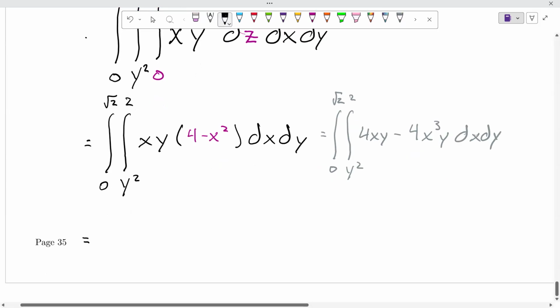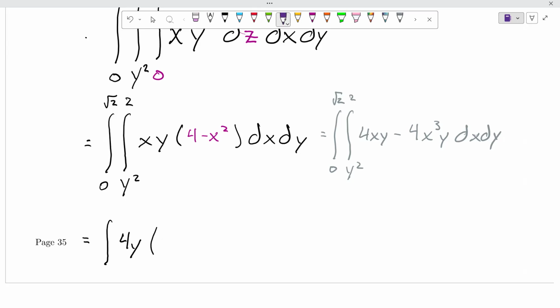What do we get next? This looks like the double integral of, oh yeah, this is going to be messy, 4y times 2 squared is 4.